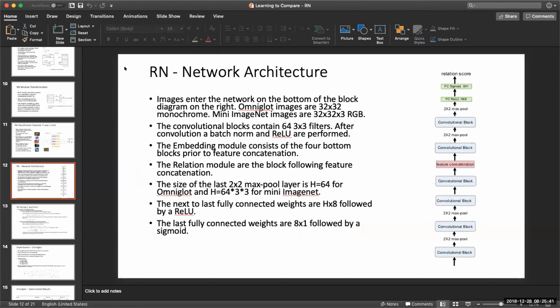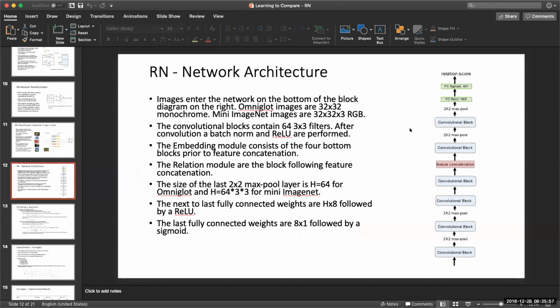Before I talked about how VGG16 can be used as an embedding, but this architecture they're using is quite a bit different from VGG.